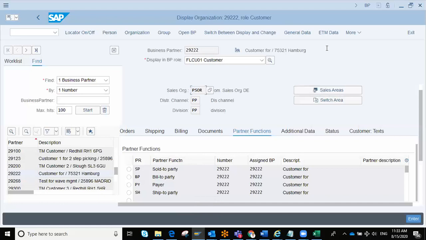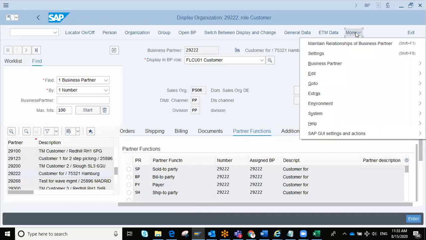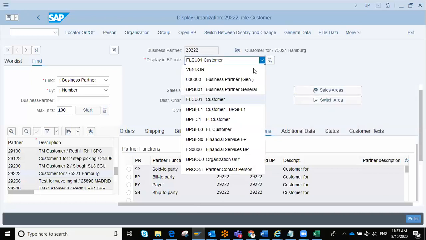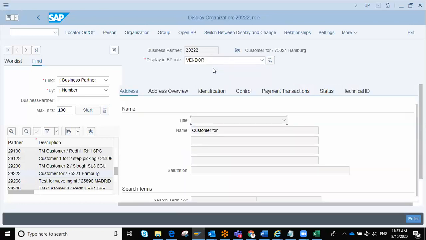So we have got another part called customer related activities, maybe some customer specific requirement may be related to some company code. So customers can be defined at company code level also. So here you can see this business partner is displayed as a role of vendor, right?